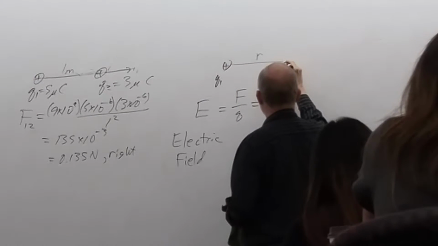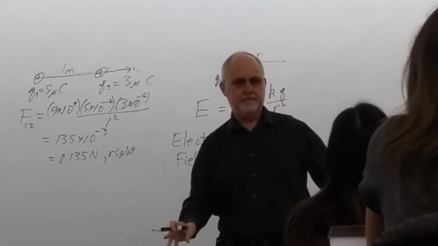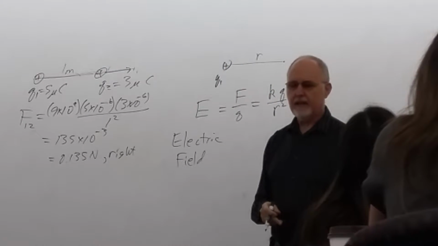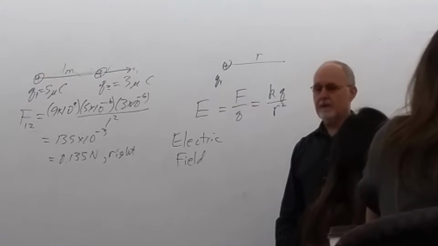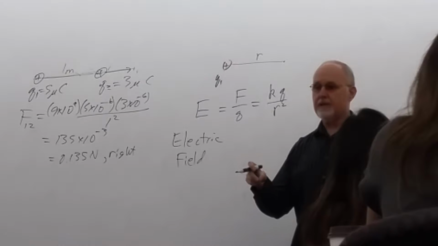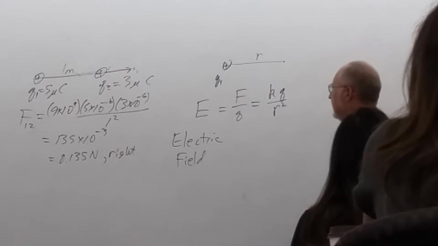In general, you're calculating that at a point in space. You're not calculating it at the location of a charge. You're calculating it at some point in space away from whatever charges you've got.